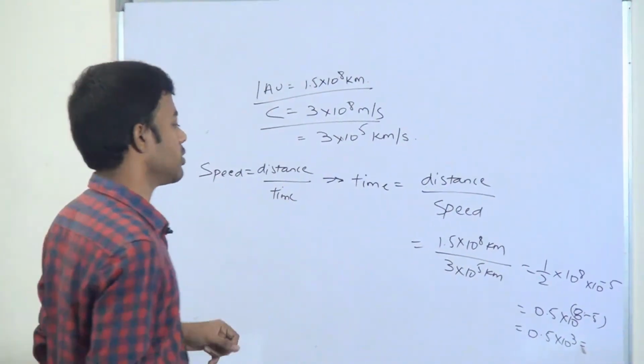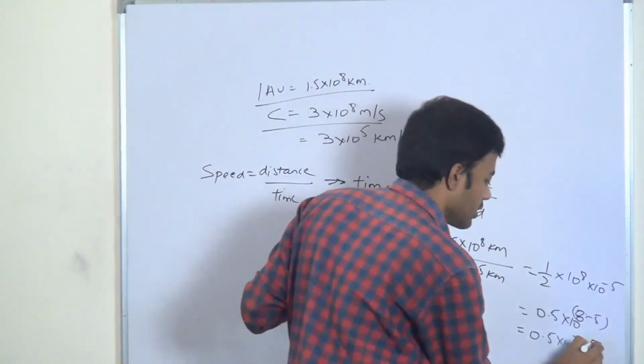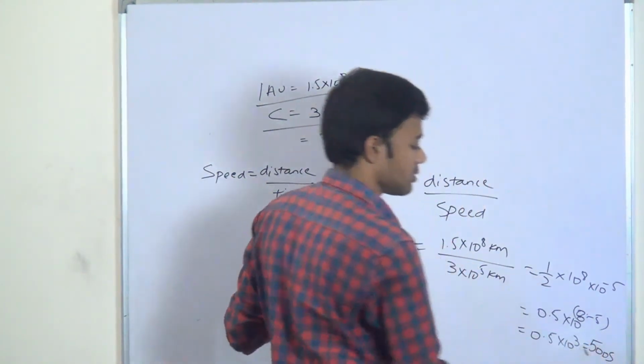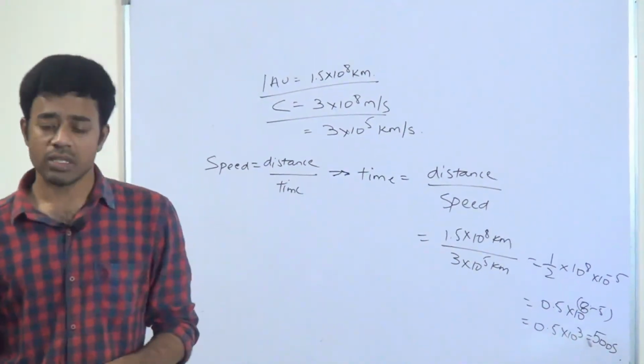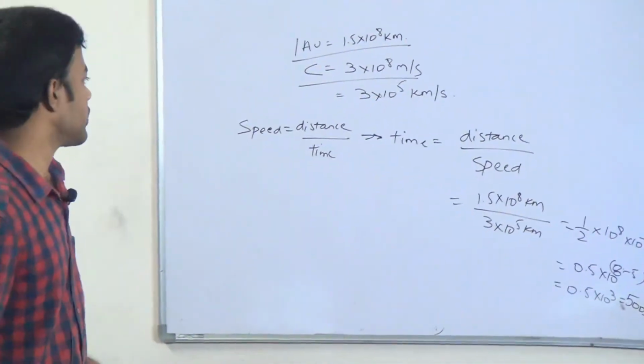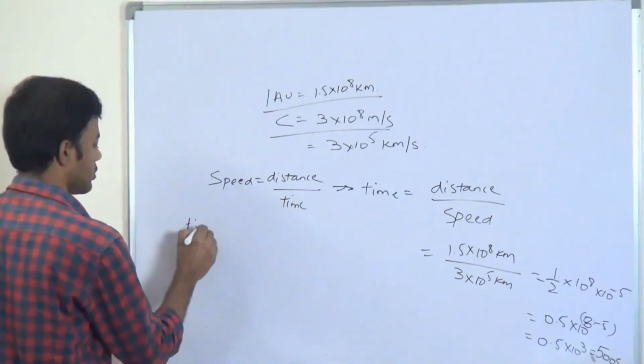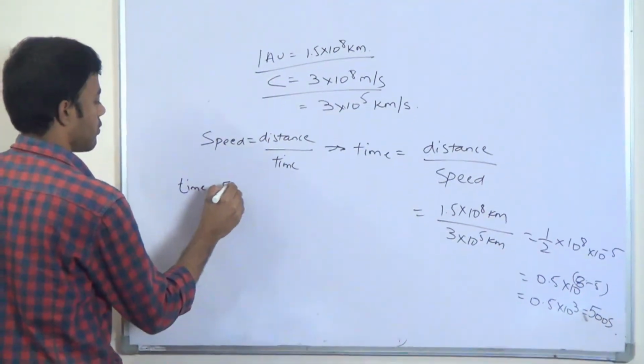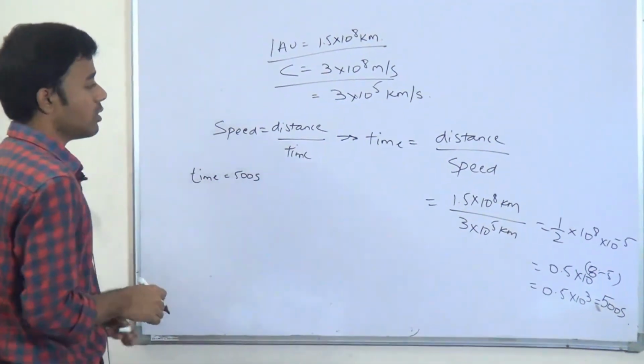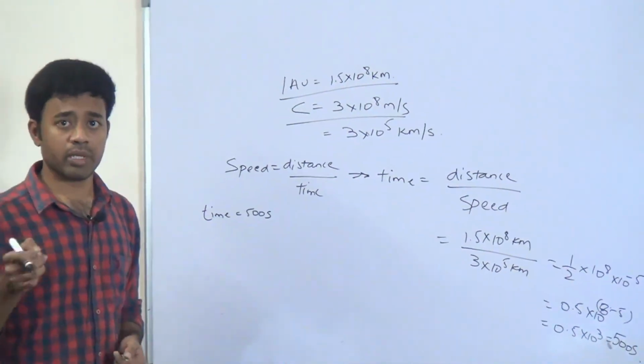So 0.5 into 1000 gives 500 seconds. So the time is 500 seconds.